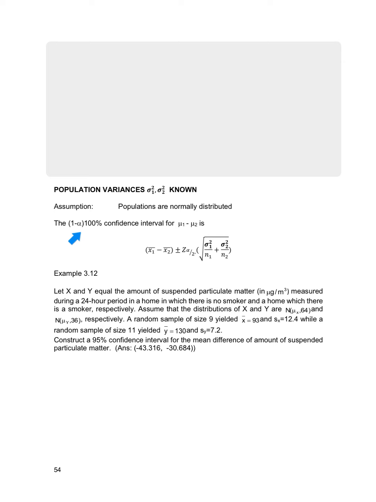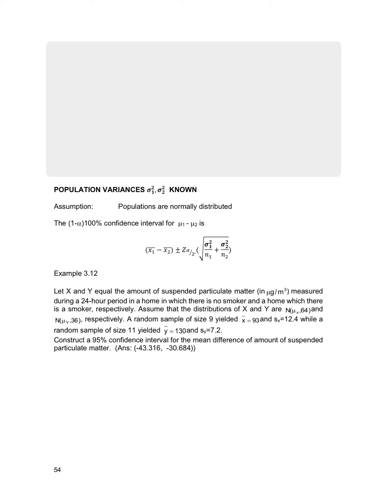So the 1 minus alpha times 100% confidence interval for mu1 minus mu2, which is the difference between population 1 and population 2, is X bar 1 minus X bar 2 plus minus Z alpha over 2 times the square root of sigma 1 squared over N1 plus sigma 2 squared over N2.